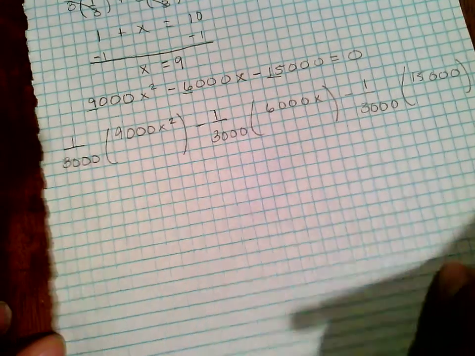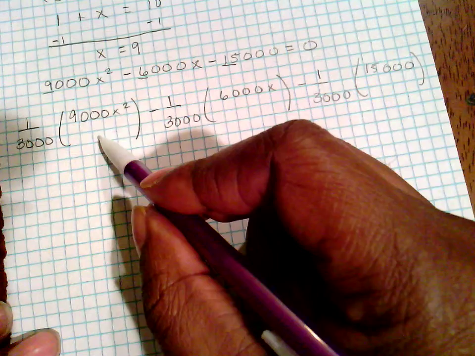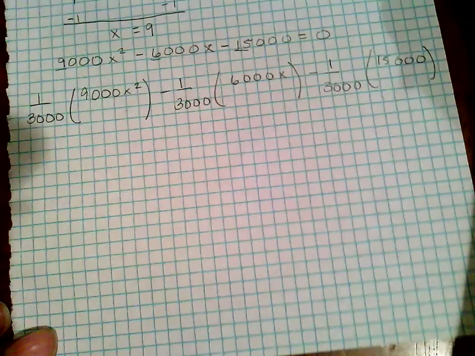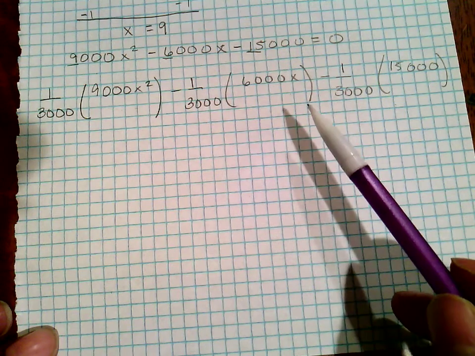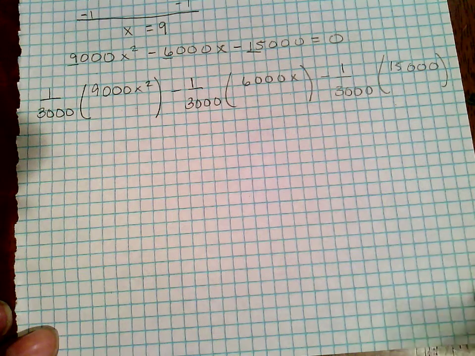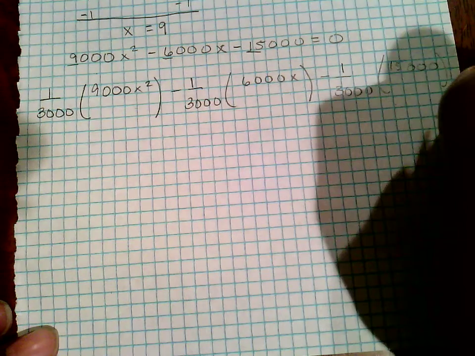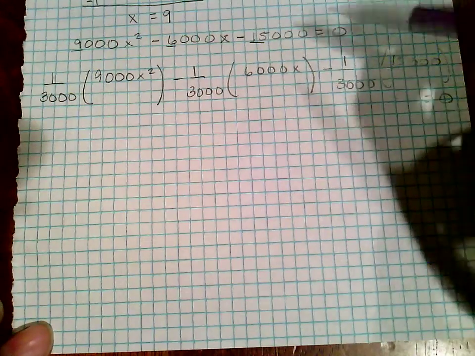Now remember, 1 over 3,000 multiplied by each term is the same as dividing each term by 3,000, since that will be a common factor between 9,000, 6,000, and 15,000. Not enough room to write my 0. Equals 0 here.